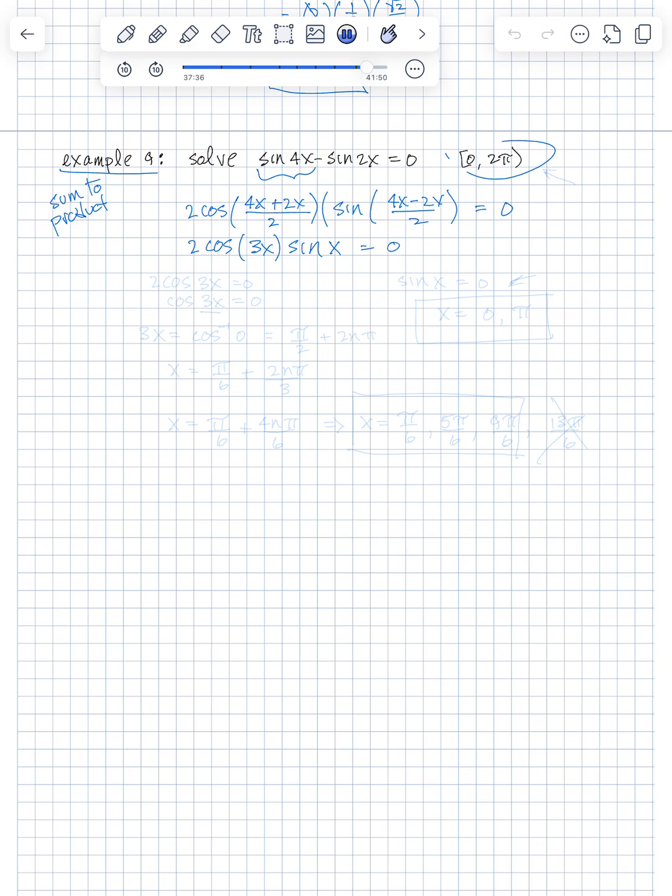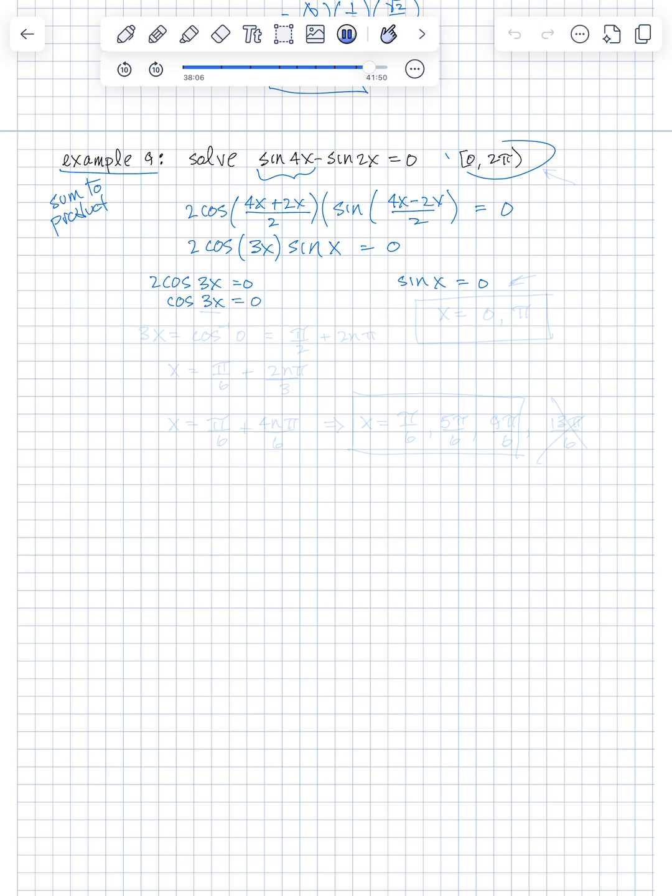So now we can split it up. So we have 2 cosine 3x equals 0. That's one of them. And the other one is sine x equals 0. So let's take care of the first one. We divide both sides by 2, we get cosine 3x equals 0.